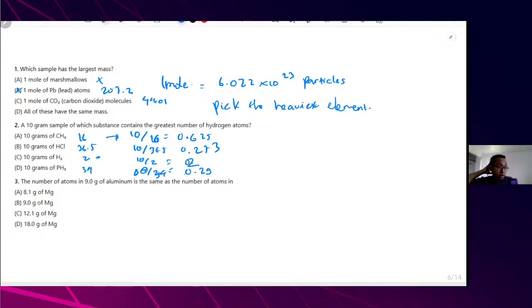Based on this information, the highest one is 2, so it might be this one, the biggest one. So the answer should be C.